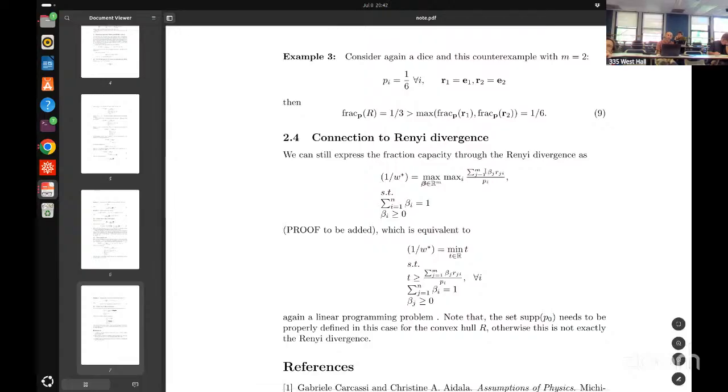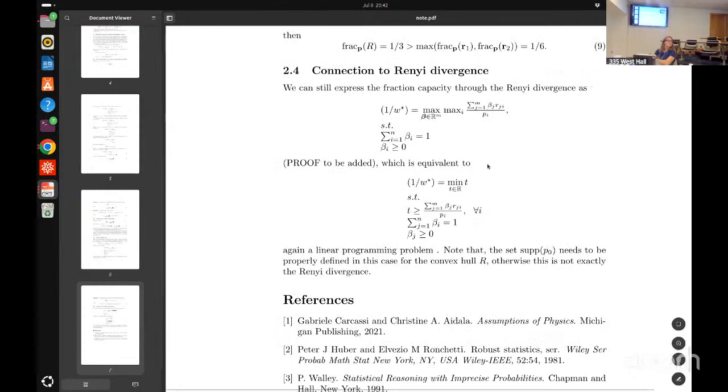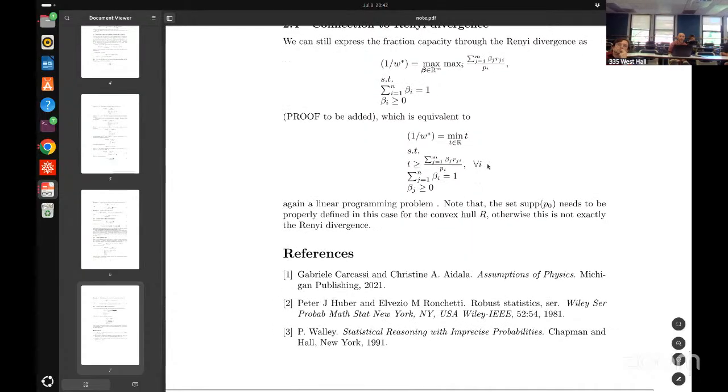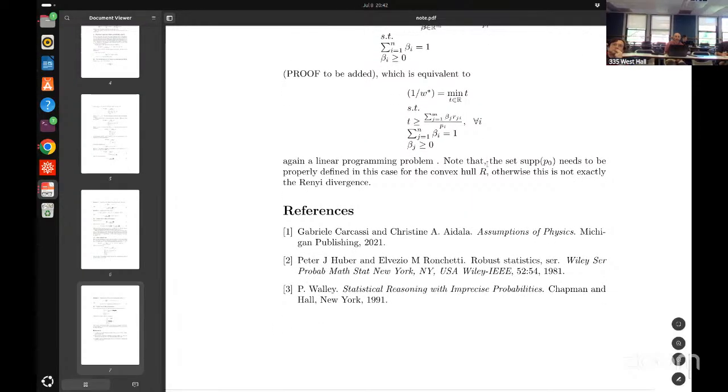Not sure, but this is the only thing that I didn't think about. If this is all positive, then it's still fine. I don't know if I have the reference for that paper, but I can share it with everybody.